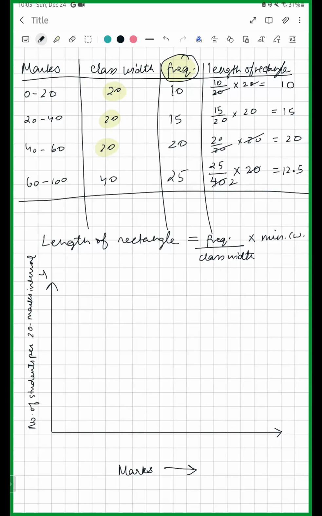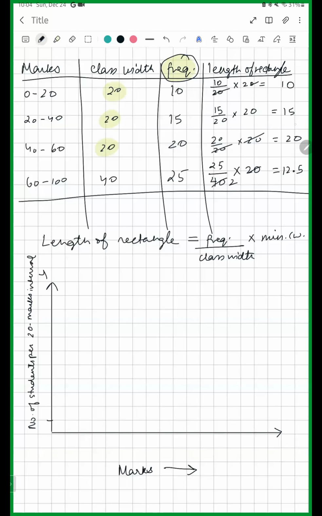And now here on the y-axis, we are going to plot this stuff, not the frequency. We will plot this one, the modified frequency.